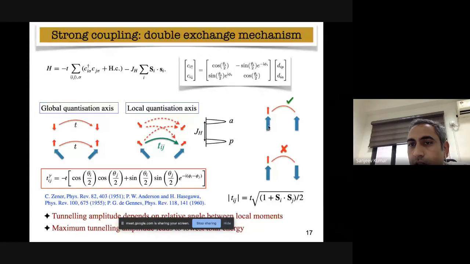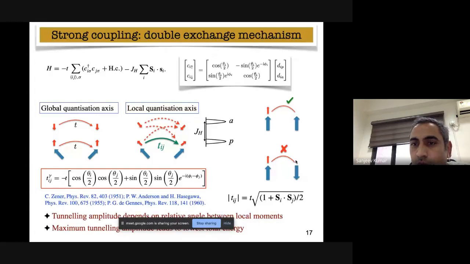If I have two spins which are parallel, then the electron can hop perfectly fine between them, so this hopping amplitude will be the same as the original hopping amplitude T. On the other hand, if the spins are oriented like this, then the parallel component over here is sitting at very high energy, so this has to become anti-parallel here. The low energy sector here is anti-parallel, and this up electron cannot turn into the down electron.